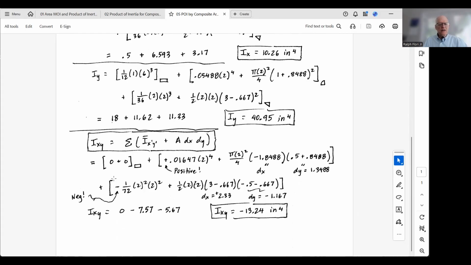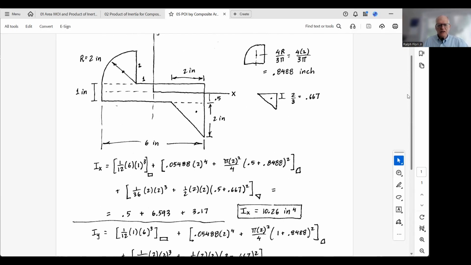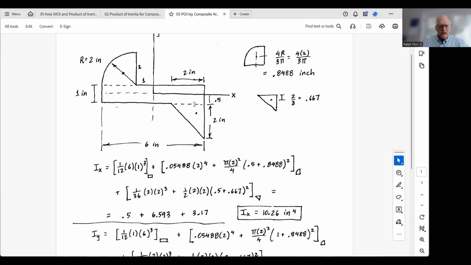For the triangle, again, his I bar xy is negative 1/72 b squared h squared, which is 2 squared times 2 squared. The area of the triangle is 1/2 base times height. That's 1/2 times 2 times 2. His centroid is 0.667.